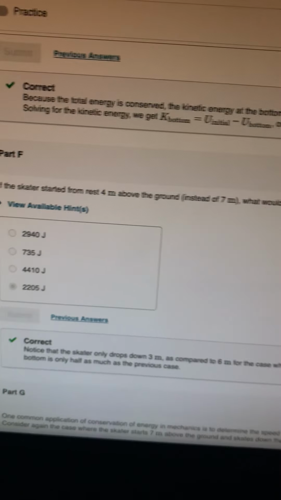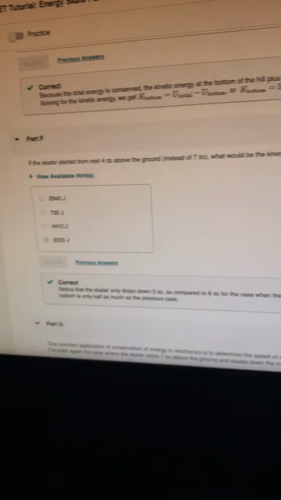All right, and then for F, we can proceed to F now. All right, what are we given here? Skater starts from 4 meters above the ground instead of 7. Where's the 1 meter above the ground? So, okay. So if it started at 4 instead of 7, think about it this way.